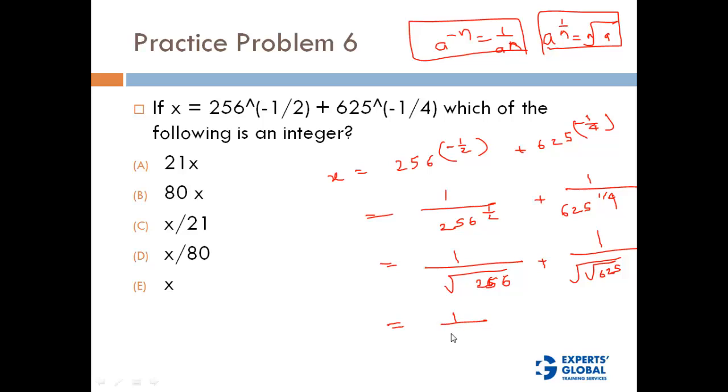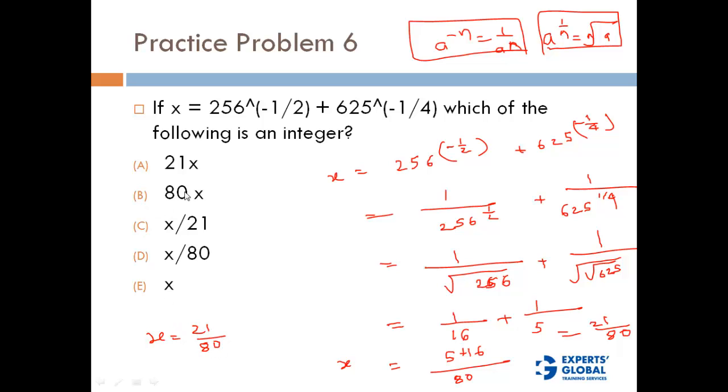We get 1 by 16, since square root of 256 is 16, plus 1 by 5, since the fourth root of 625 is 5. So this means it is 5 plus 16 by 80, which is 21 by 80. This is the value of x. So x is equal to 21 by 80.